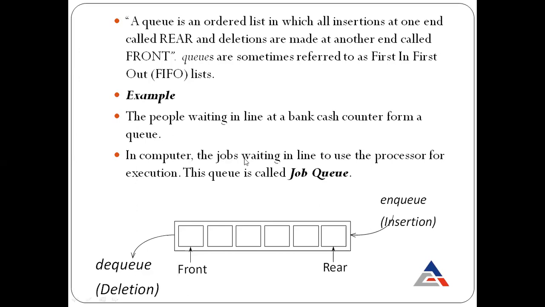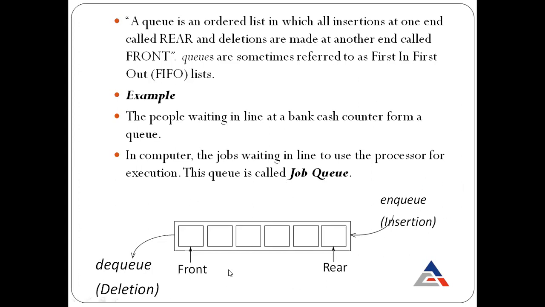In computers, jobs waiting in line to use the processor for execution form a queue called the job queue. So the processor performs some tasks to process the executions of the processes. The processes will be in some order. The process that is first will be processed first, and the process that is last will be processed last by the processor.